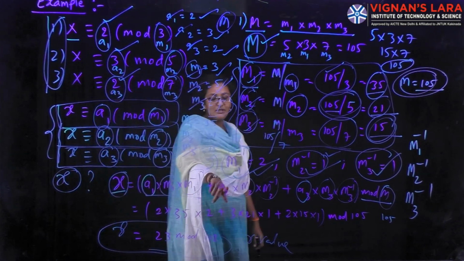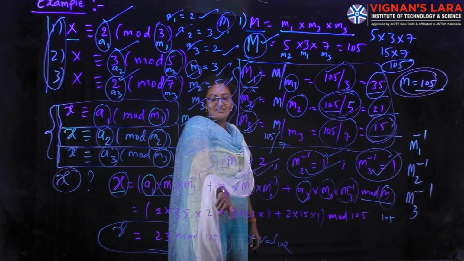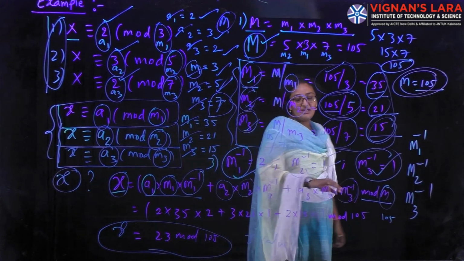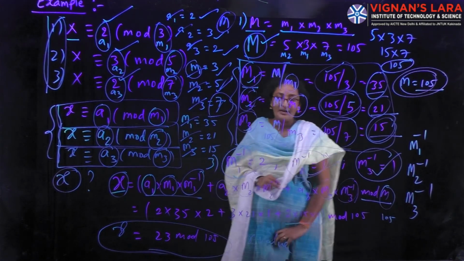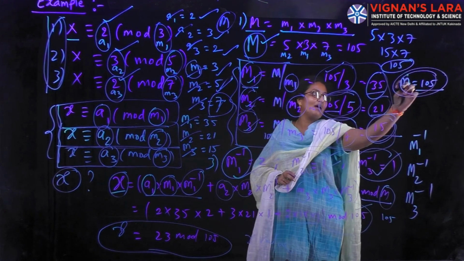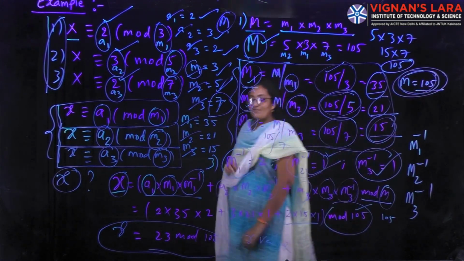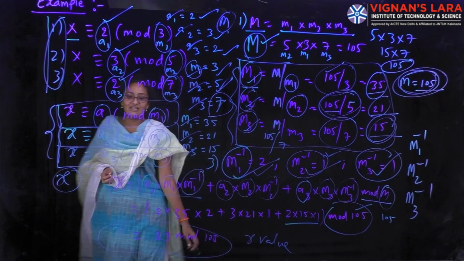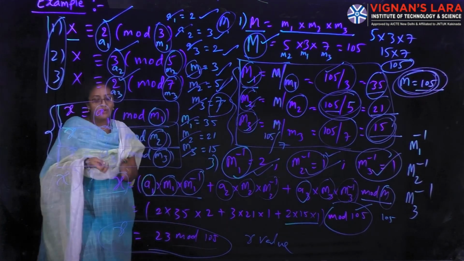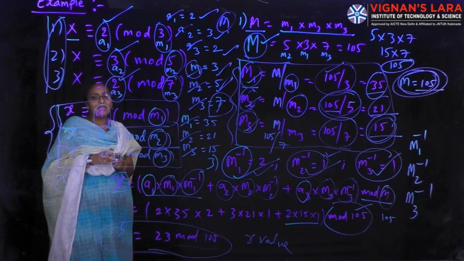Then a2, M2 and M2 inverse as 3, 21 and 1. Then a3, M3 and M3 inverse values as 2, 15 and 1. Finally, we have mod 105. Why this 105? 105 is the value of capital M. So by substituting all these values, we get the x value as 23 mod 105. If you solve it using a calculator, you will get the exact x value.